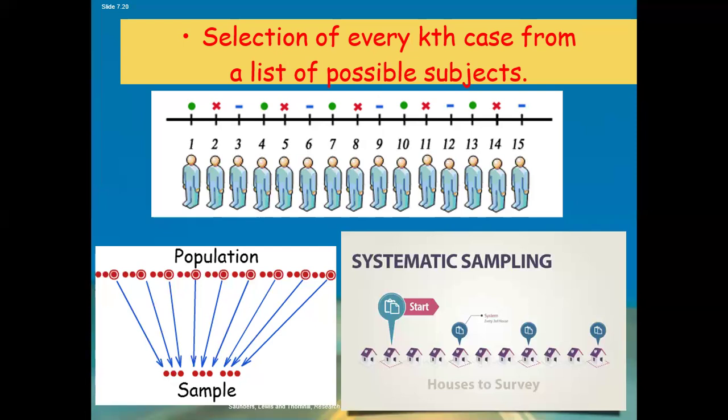You can see the green items here, 1, 4, 7, 10, 13, or else the red process. You can see the system or the pattern. That's why we call it systematic sampling. Even in this picture, you can easily understand the systematic pattern.